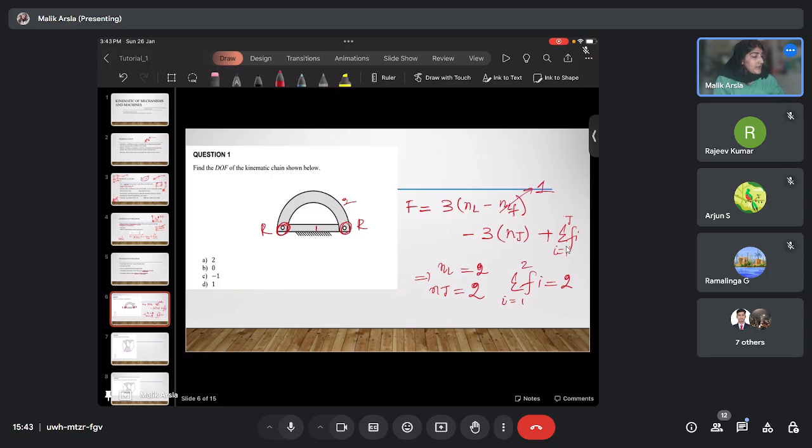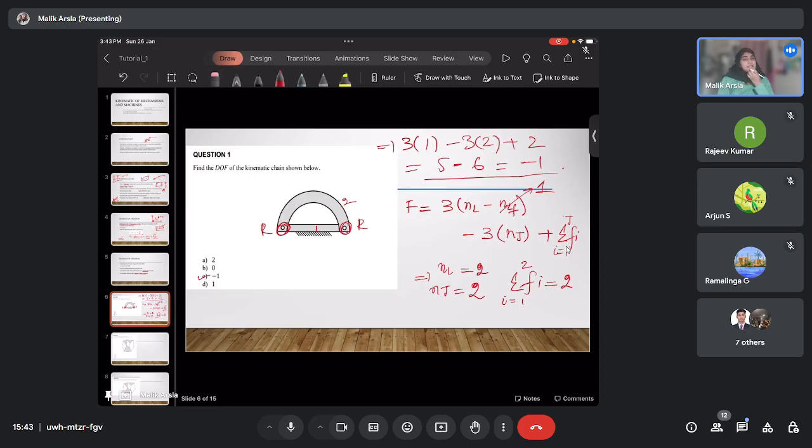Now it will be 3 into (2 minus 1), that is 3, then minus 3 into 2, then plus 2. That is 5 minus 6, that is minus 1. So option C is the correct option.